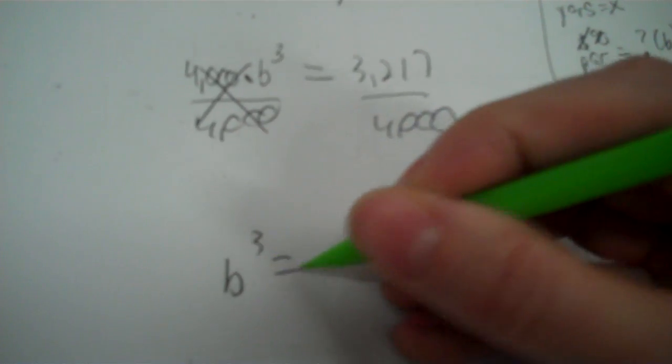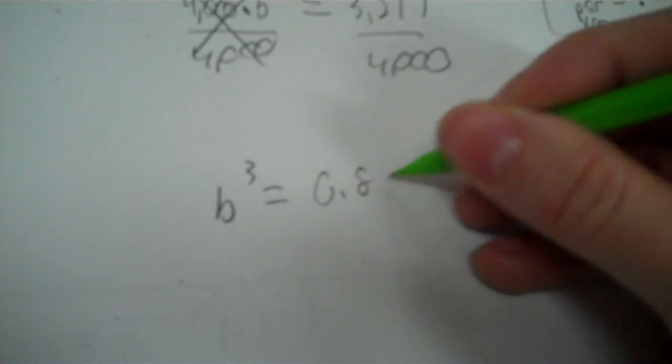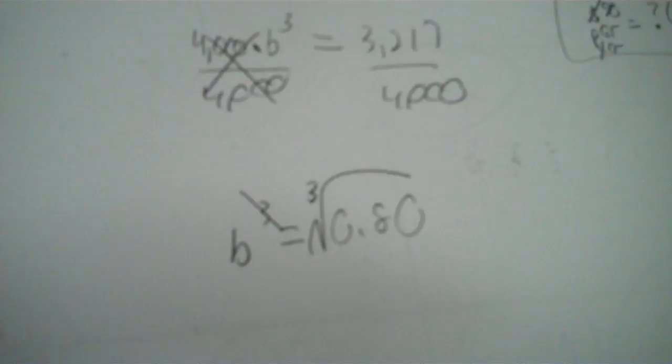So B to the third equals 0.80. You get rid of a power by making a radical, it's a 3. Okay, so this is how you punch in: 3, second, caret, 0.80. Now put 0.93 down, but to find the actual percent, there's two things you have to do.